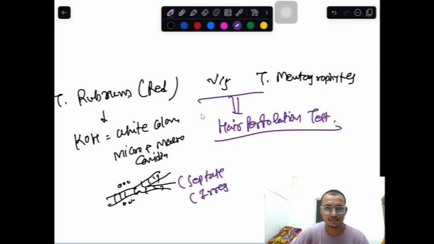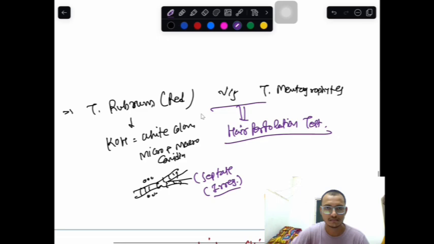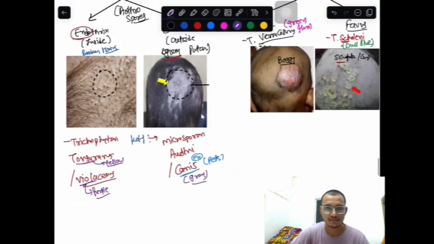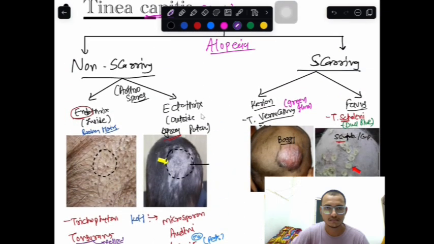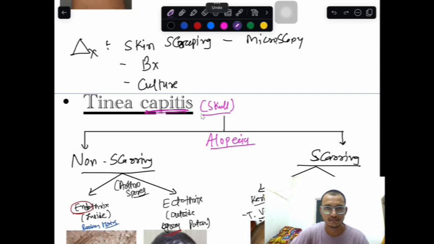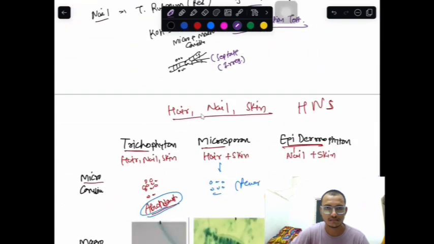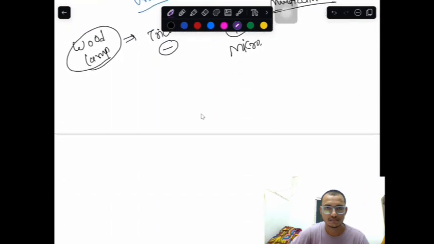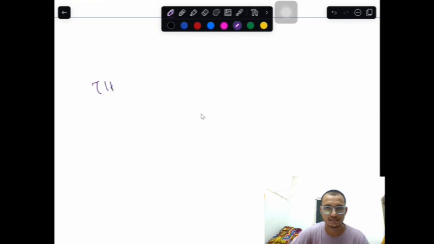Now when we talk about the treatment of tinea capitis, we use griseofulvin. We use topicals, we know which are the topicals. We always use topical plus or minus systemic.